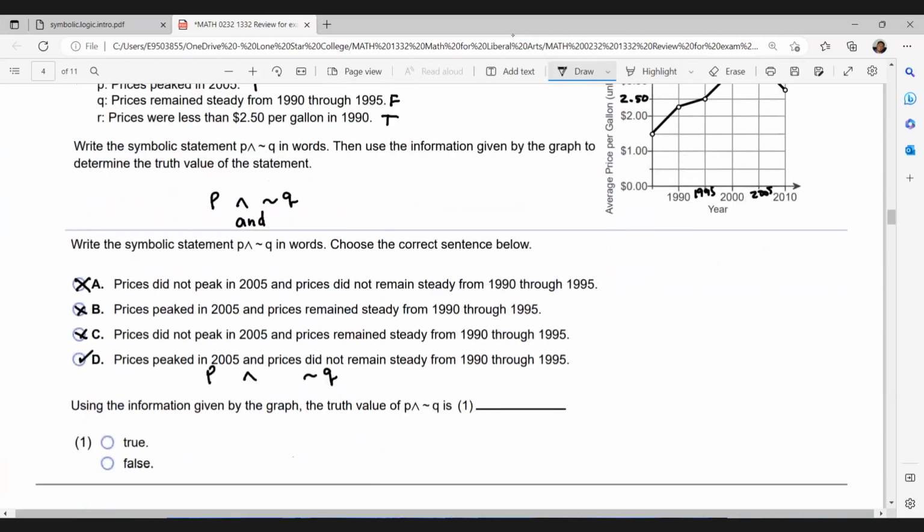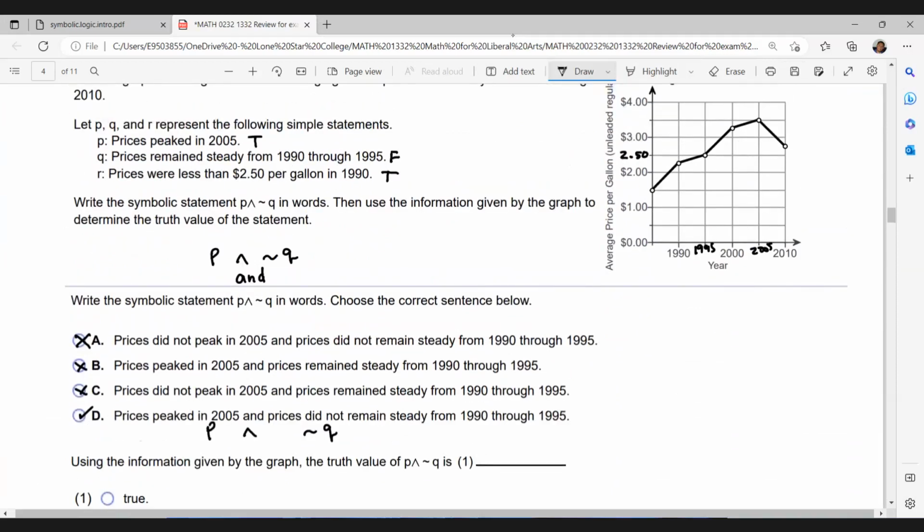Okay, so use the information given to determine the truth value. P was true, and the negation of Q, that was false, right?